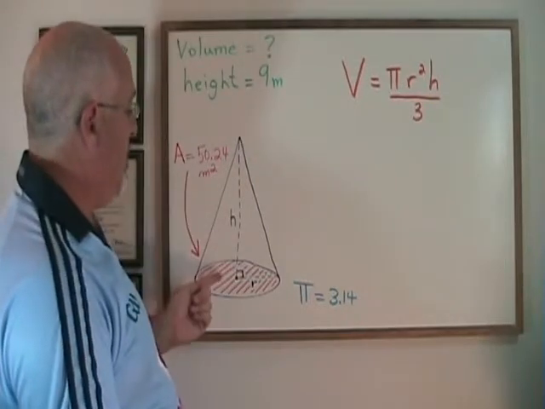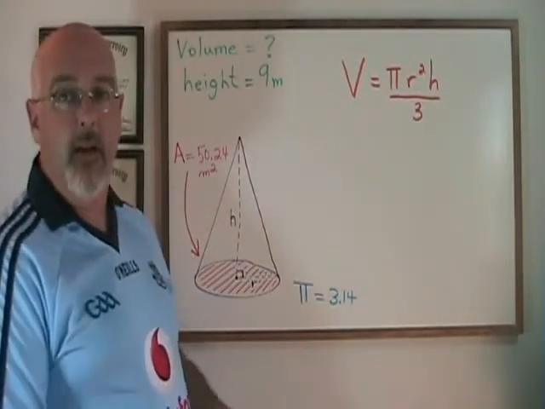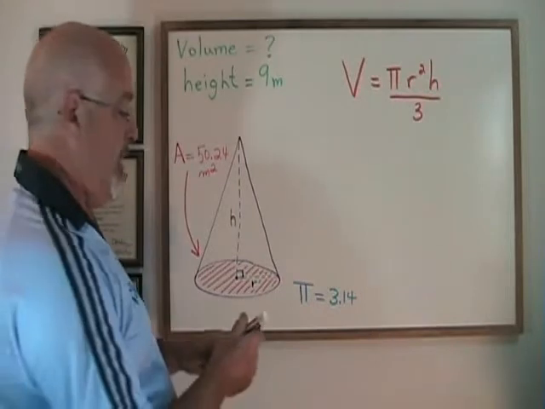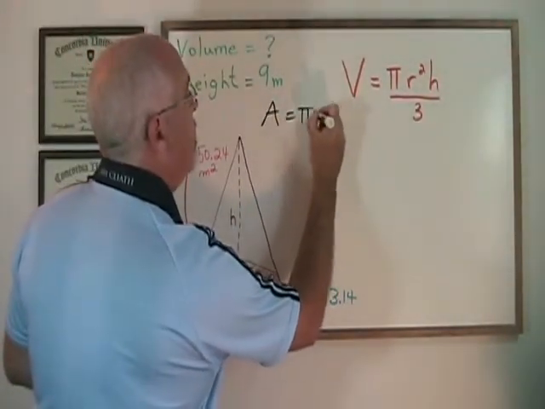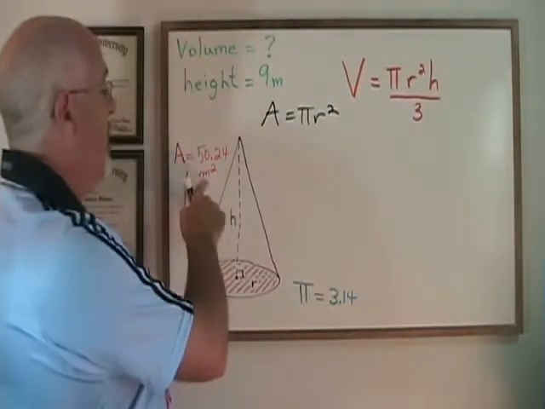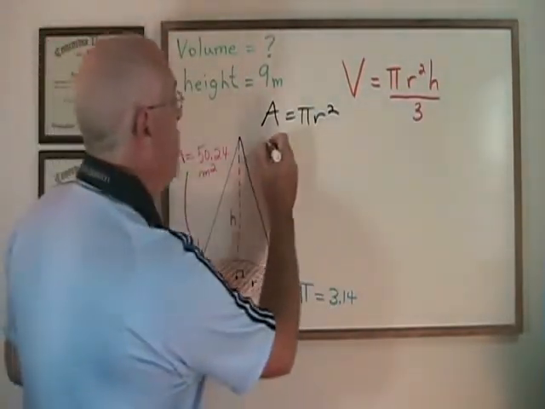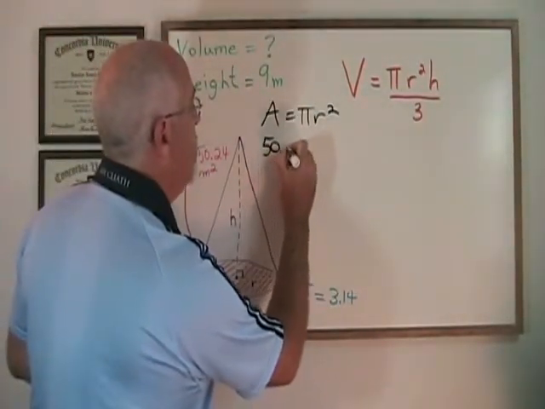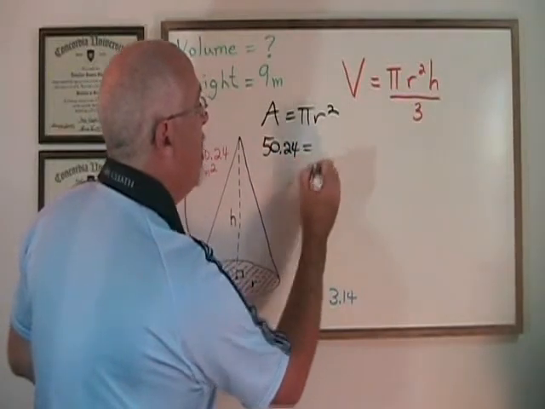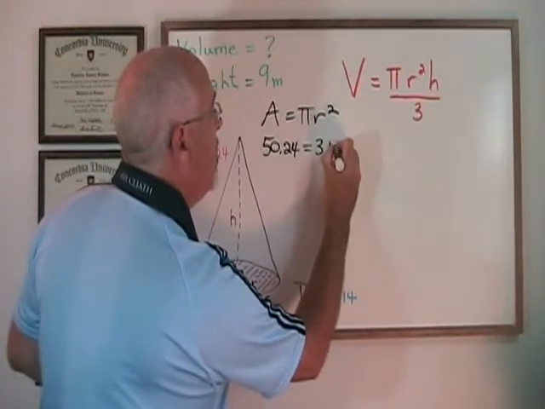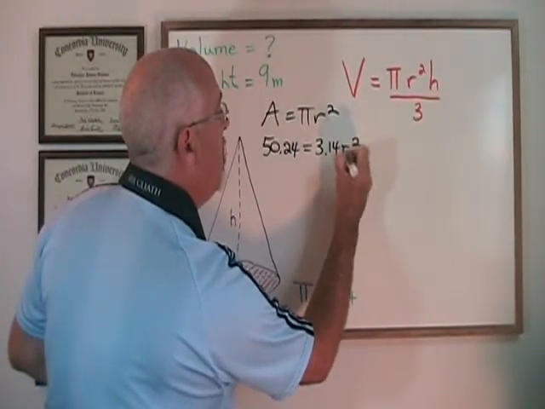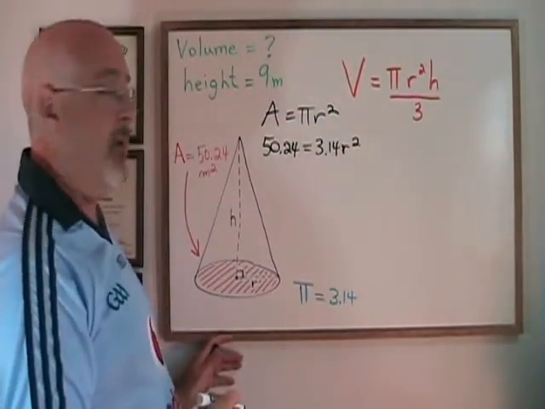The area of the circular face is the area of a circle, so we have to use the area of a circle formula. Area is equal to pi r squared. We are given the area, the 50.24, so it goes in the A position. Again, for pi we are using 3.14. And r squared is our unknown.